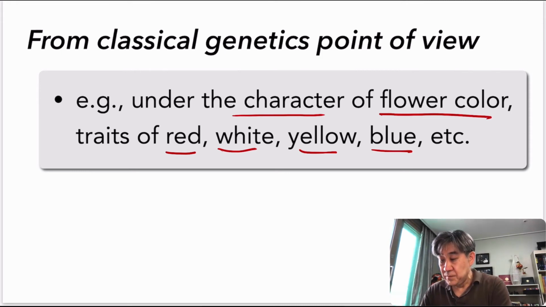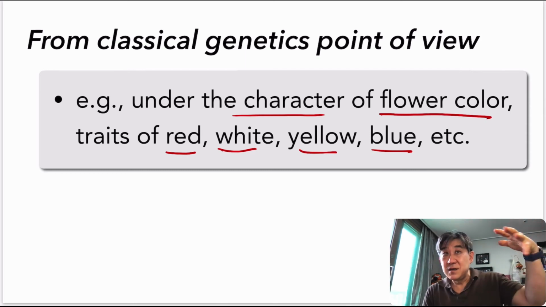Those are the different traits of a single character. You can imagine many other such examples of a character with many different variations in traits. Later we could hopefully understand better the molecular nature of the character and the trait.